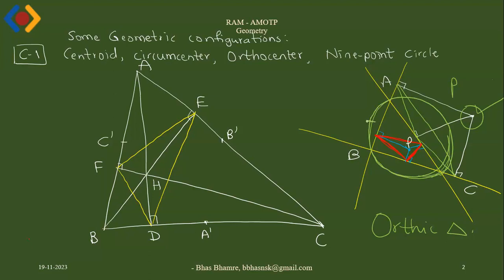It is not on the circumcircle, but let's consider. Then the pedal triangle turns to the line that is known as the pedal line, or also known as Simpson line. We are going to see Simpson line and their brotherhoods in coming lectures. So I am just giving you the information about them.